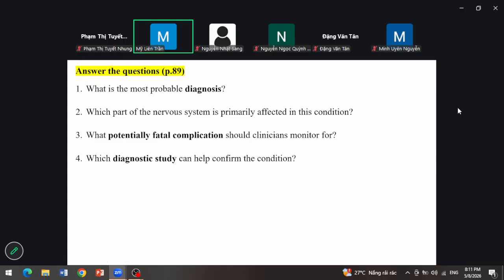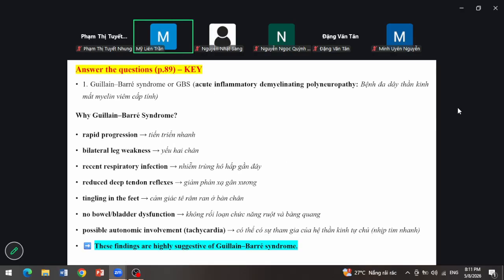So now answer the questions. Page 3. Right, the most probable diagnosis for this situation is the Guillain-Barré syndrome, or GBS.